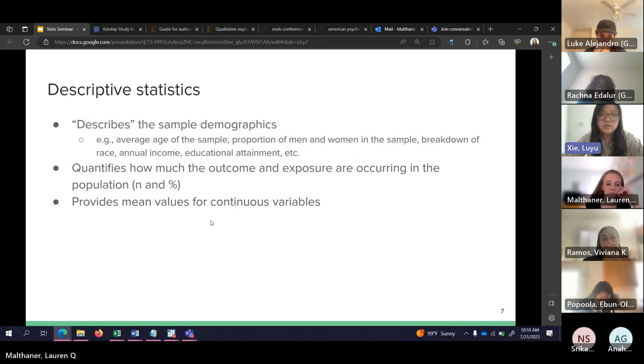Okay, so in medical research or clinical research, Table 1 is usually, or always, descriptive statistics. It just describes the sample demographics.